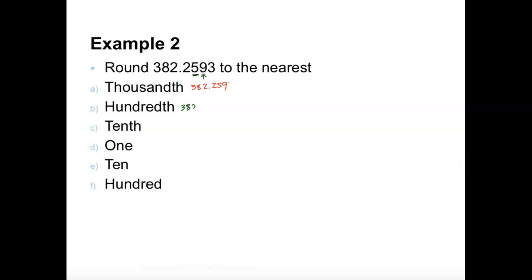So we're rounding to here. We're looking at the 5. Ones place. Good. Just 382. So we would look at this too.